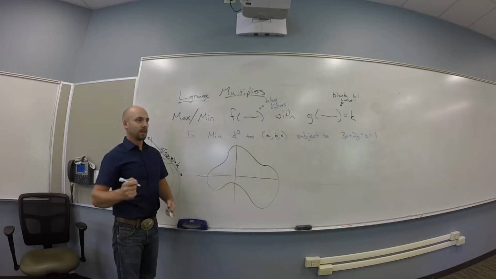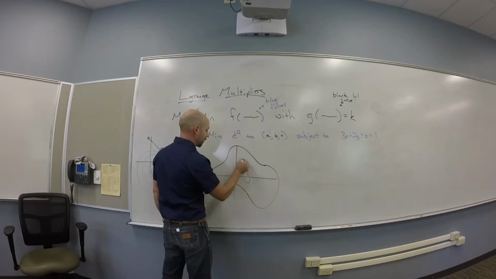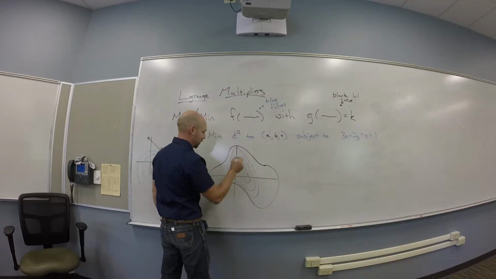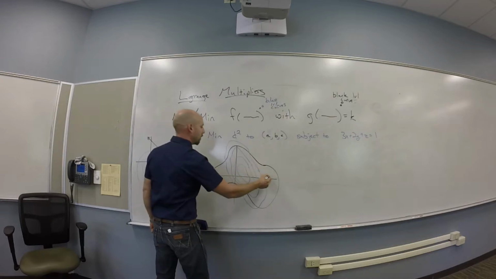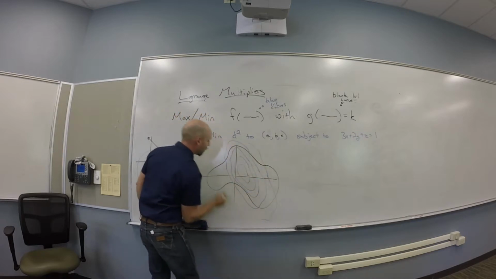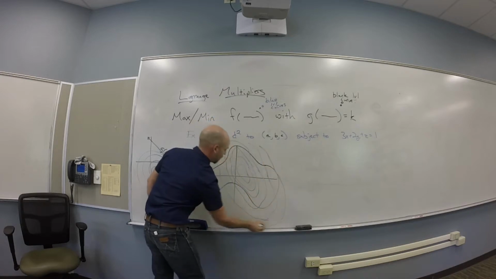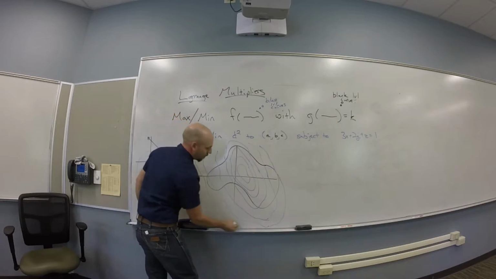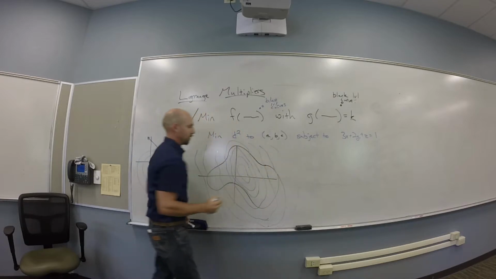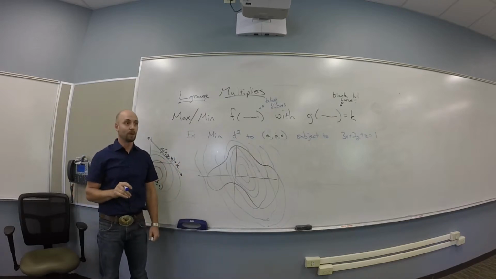You guys see that? And then I'm going to have a whole mess of blue level curves. And those might look kind of funny shaped like this. And I'm going to keep puffing these out and stop drawing both ends. So it's not always puffing spheres. It's just puffing whatever your function is that you're trying to optimize.